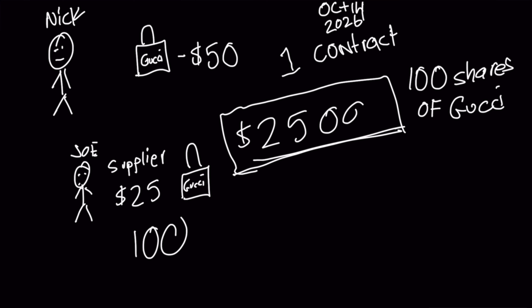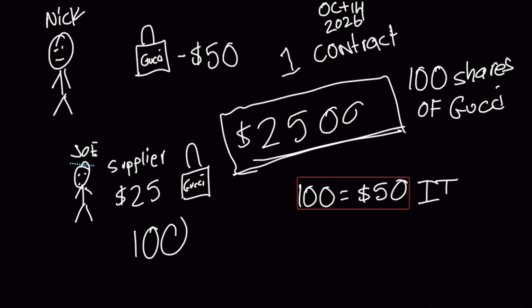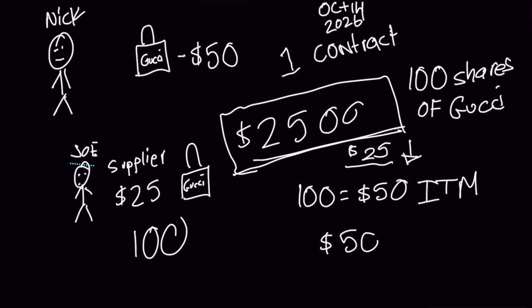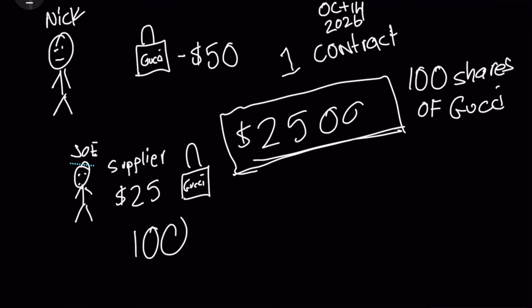So Nick already knows that the Gucci purses are selling for $50, so each one of those Gucci purses that Nick bought, he can sell for $50 each. So those 100 he can already sell for $50. Nick is already in the money because all he paid was $25, and he is already $25 in the money, being able to sell all of those Gucci purses for $5,000.